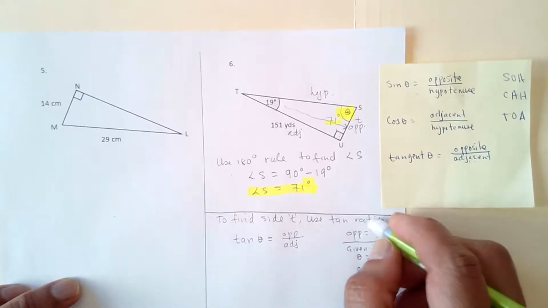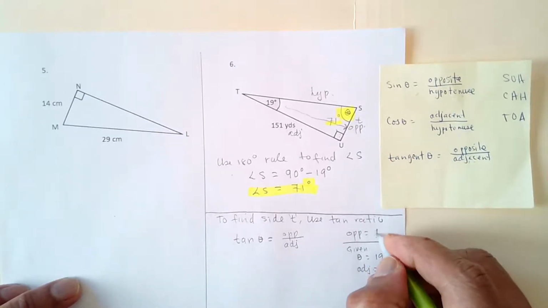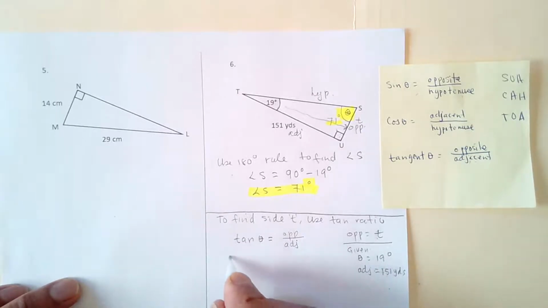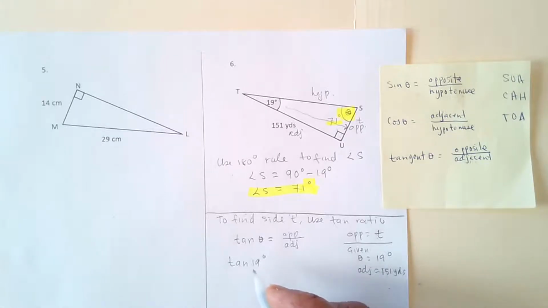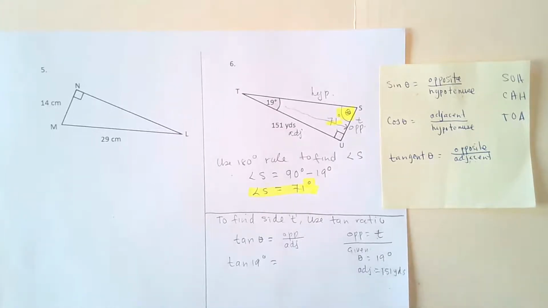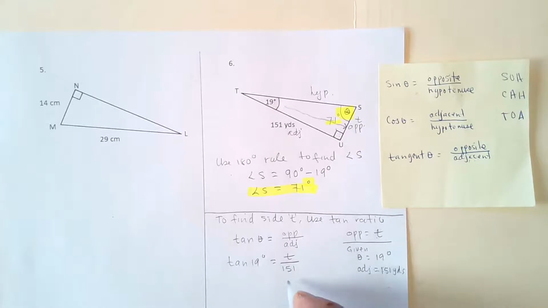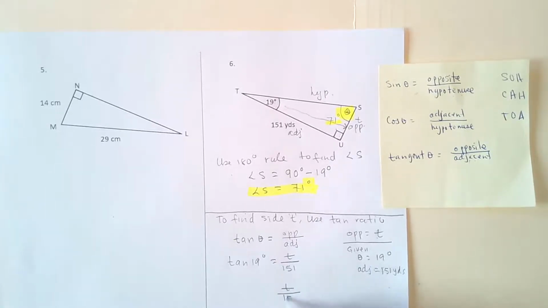So now I'll substitute the values into here. I'll refer to this opposite side as side T. So it'll be tan 19 degrees equal to T over 151 yards. Now here, we'll do a little algebra. I'll work this one out to show you the reasoning.